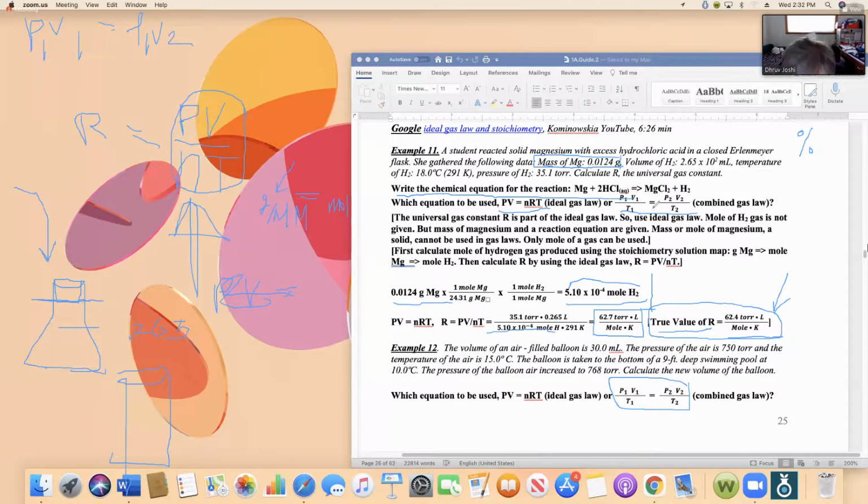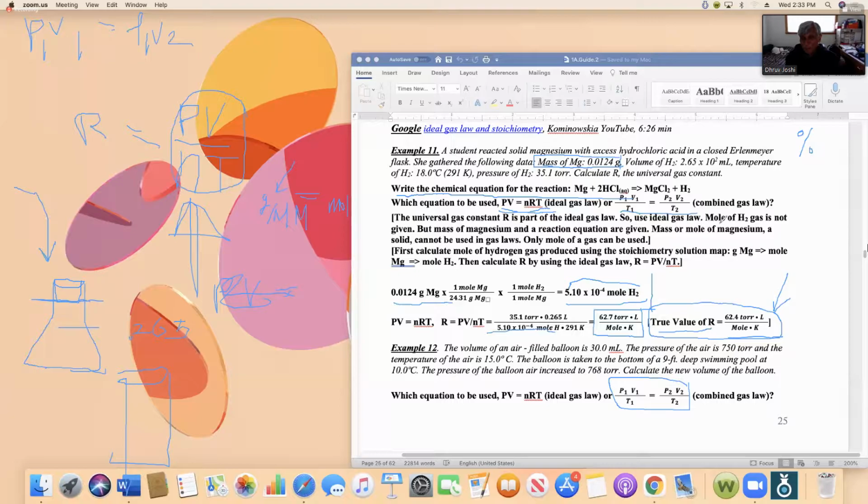So here we say, which equation am I going to use? Well, the mass of magnesium is given to me. That means I can find the moles of hydrogen. If the moles of hydrogen is found, then we will be using PV equals nRT because now we have moles. The other one is for when the moles are not given, they are constant. The universal gas constant R is part of the ideal gas law, so use the ideal gas law.